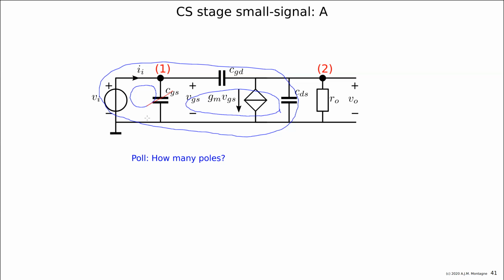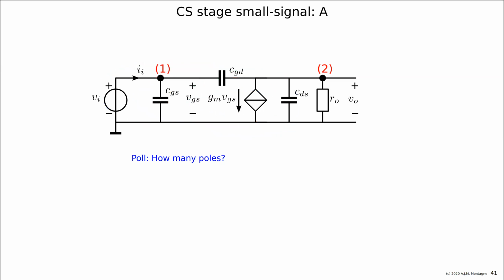If I break this loop, so I take away 1 capacitor, I still have this loop left. And if I break this one, then there's no loop left. So there's 1 independent capacitor voltage, so there's only 1 pole.